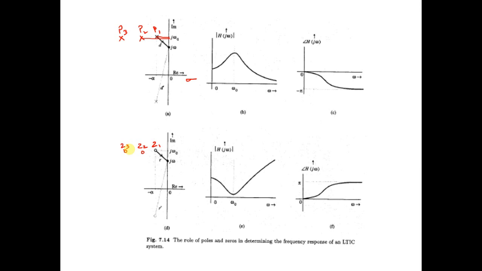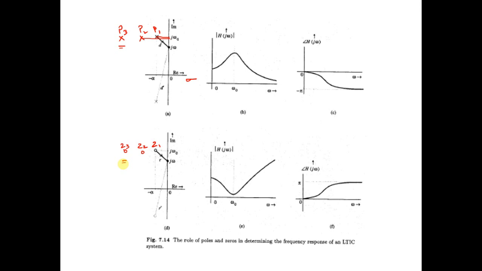There is an increase in the amplitude response. Over here there was a decrease in the amplitude response. Over here there is an increase in the amplitude response. In other words, what is the 0 meant for? 0 is meant for suppressing the signal. That means when the zeros are placed near to the j omega axis or omega naught axis, the effect of the 0 would be pronounced.